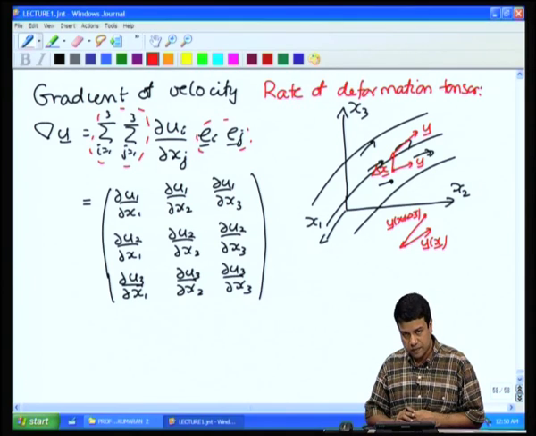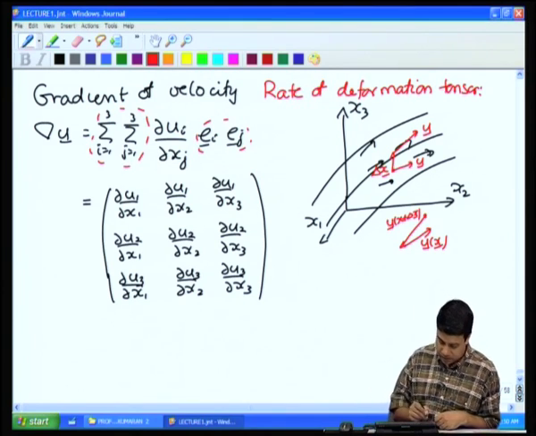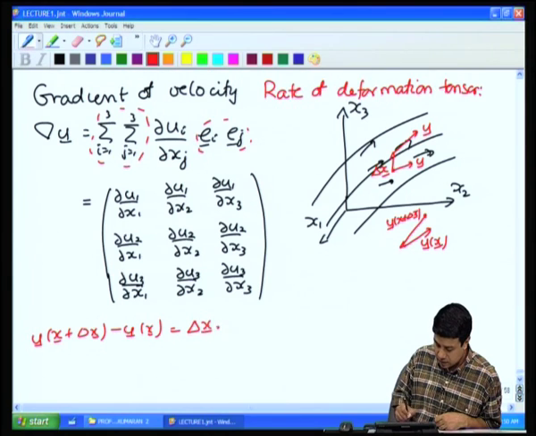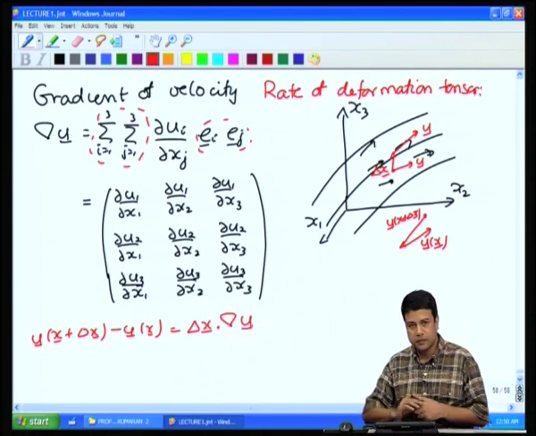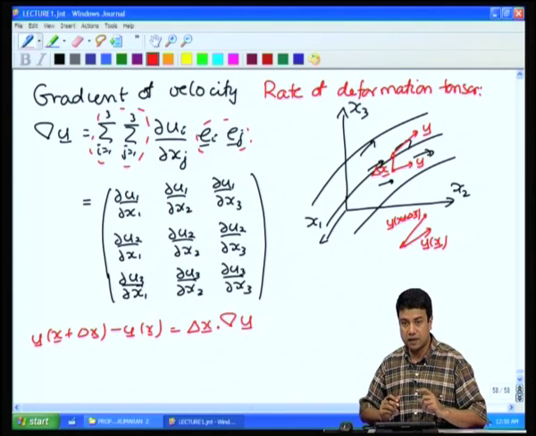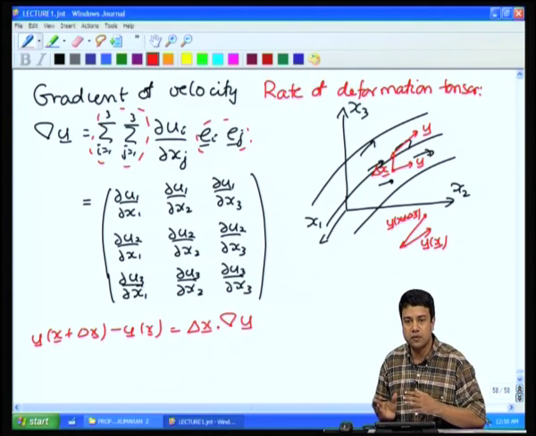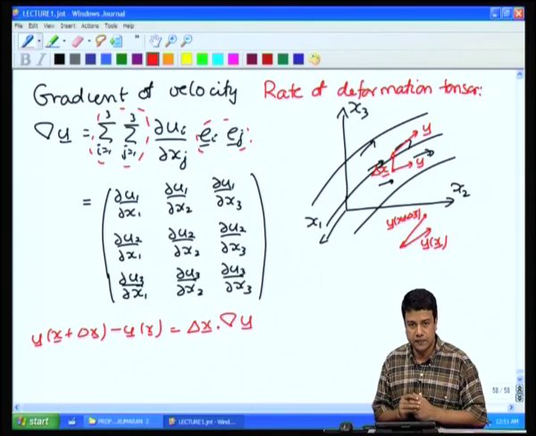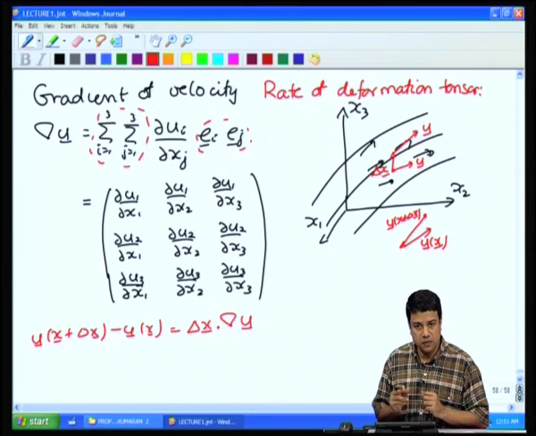And you know from the definition of the gradient that u at x plus delta x minus u at x is equal to delta x dotted with grad u.